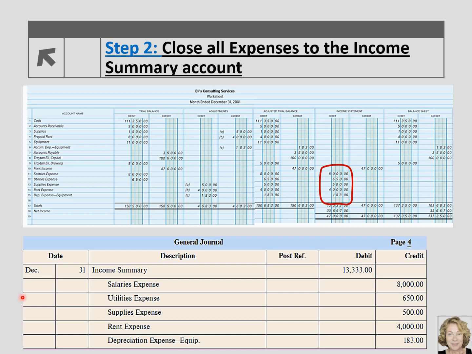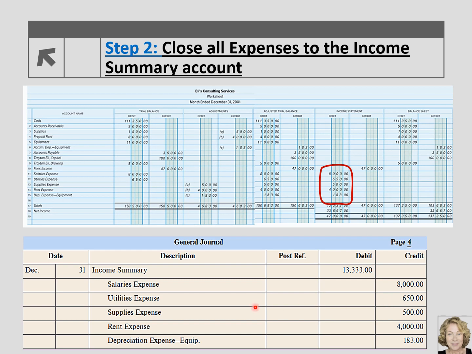We'll write the date into the date column, and next we'll write the income summary into the description and the amount of $13,333 into the debit column. On the next line, we slightly indent and write salaries expense to the description column and the amount of $8,000 into the credit column. On the next line, we again slightly indent and write utilities expenses into the description column and the amount of $650 into the credit column.